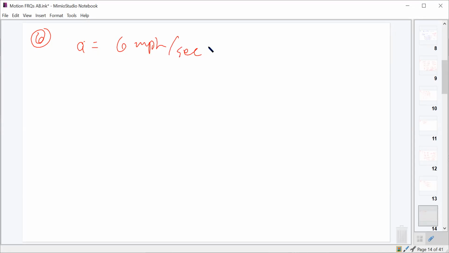But then we've got to convert that into a number of feet per second squared to deal with this in regular terms. So let's see, 60 miles an hour is 88 feet per second, so 6 miles an hour ought to be 8.8 feet per second. So this ought to just be 8.8 feet per second squared based on the conversion that they've got there.